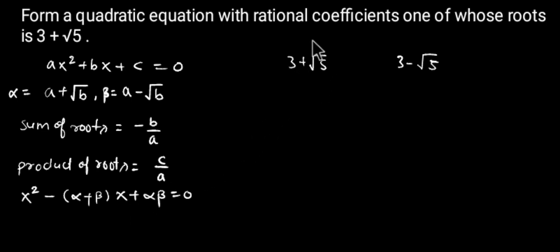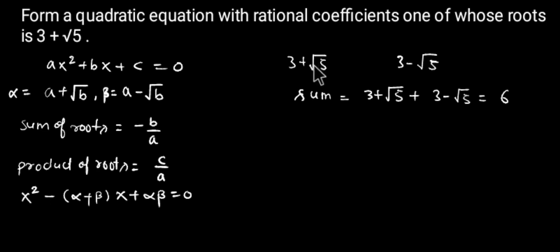Now in the given question we have found that the two roots of the required quadratic equation are 3 plus root 5 and 3 minus root 5. So we can apply this property in the given question. Now what we do, first we write the sum of the roots.